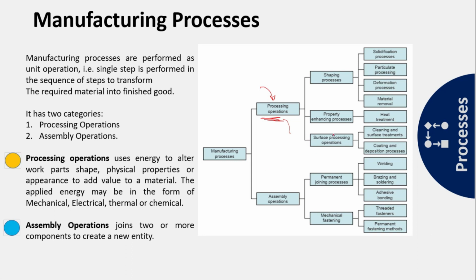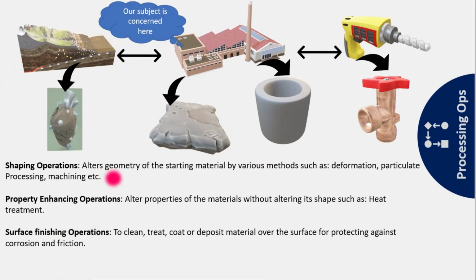So you can see here we have three types of processing operation. What are the three types? From the primary industry, which extracts ore from the earth's crust, let's suppose, that is supplied to the secondary industry. Let's suppose we have a foundry here. You know what a foundry is? This foundry takes this ore as an input material and performs certain operations.